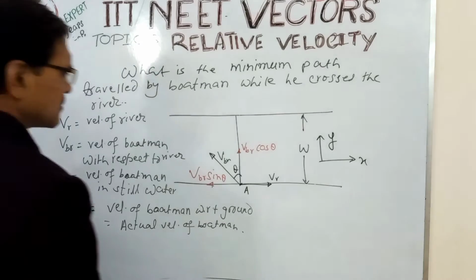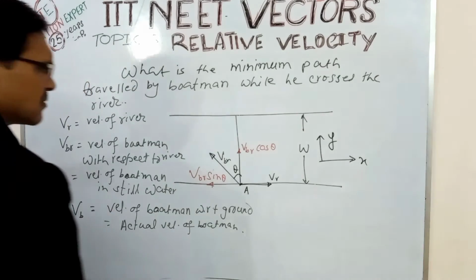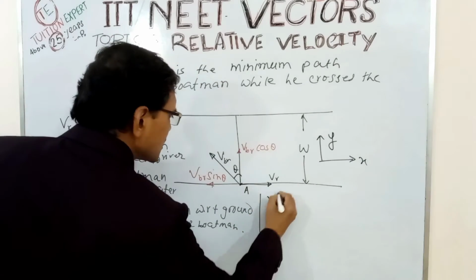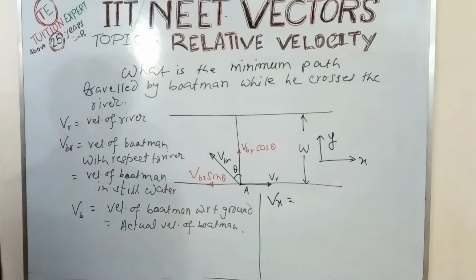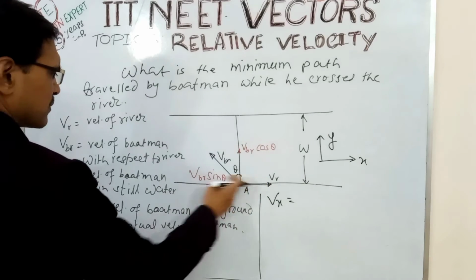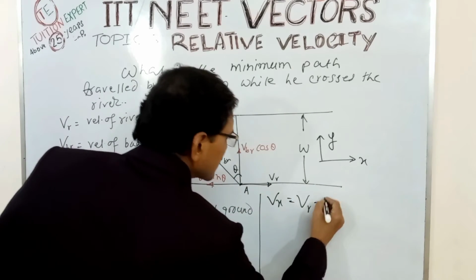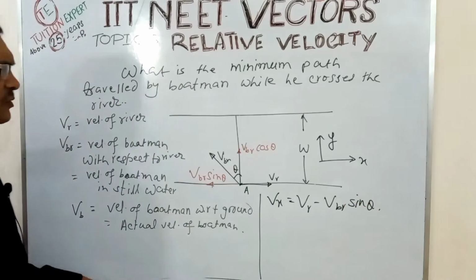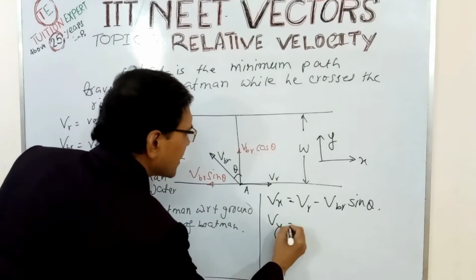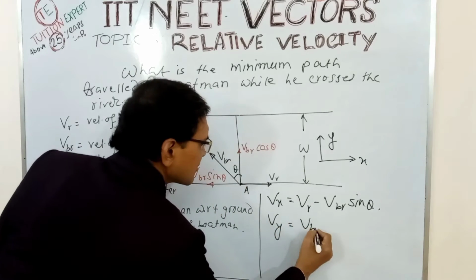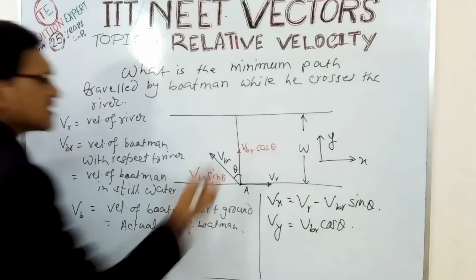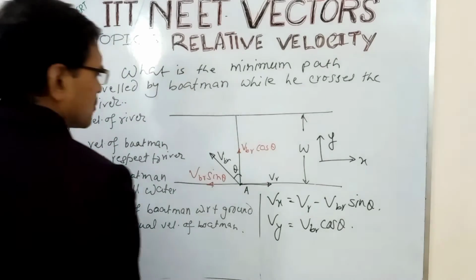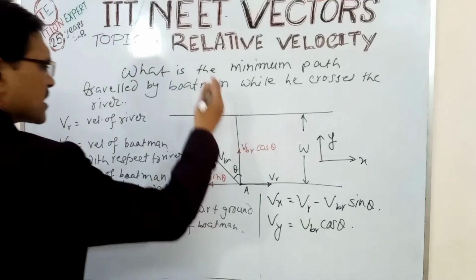What is the net velocity along the x-axis? Vx equals VR minus VBR sin theta, and what is Vy? Vy is VBR cos theta. Now from this, what is the time taken to cross the river?